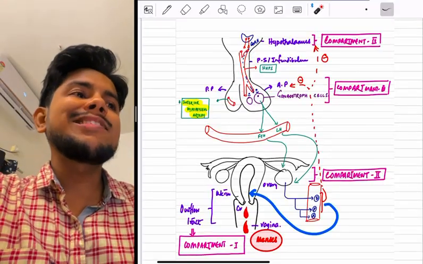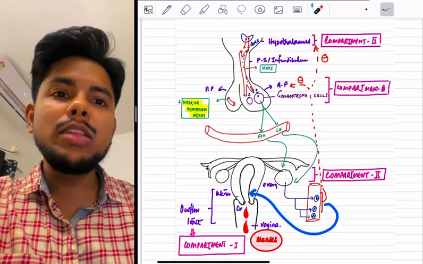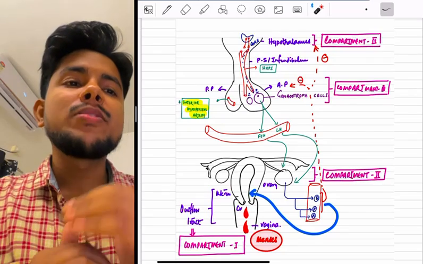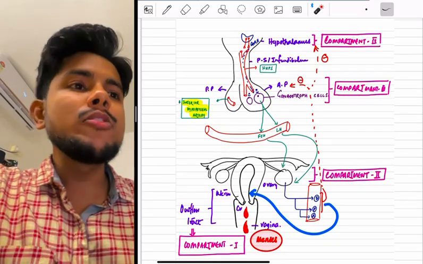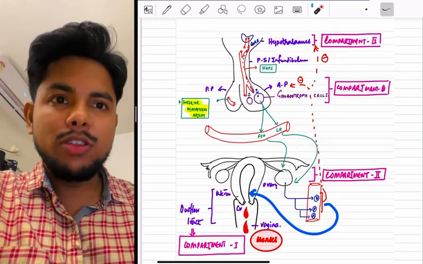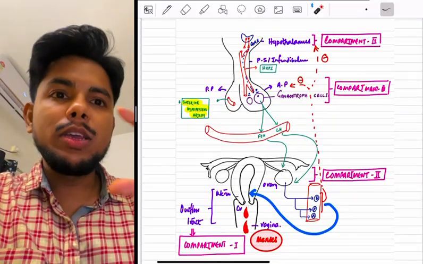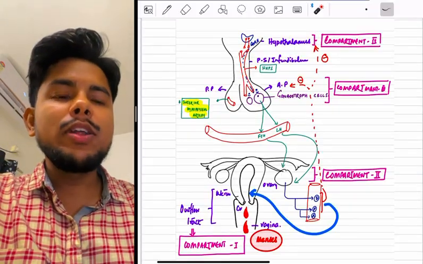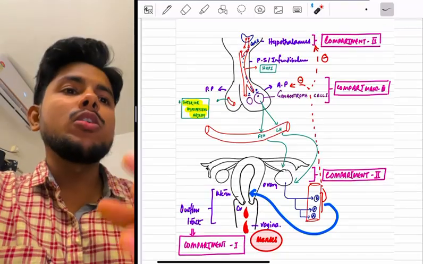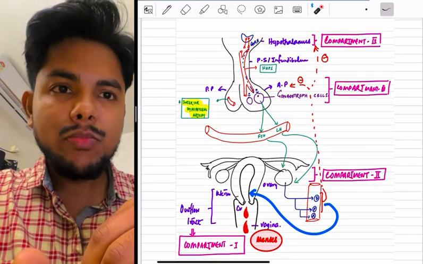Now whenever I say nucleus anywhere in the central nervous system, be it brain or spinal cord, a nucleus essentially means a collection of cell bodies. And why do they call it a nucleus? Because if I make a cross section or a biopsy sample from the brain or spinal cord and look at it under a microscope, it looks dark, because it is a collection of cell bodies, and cell bodies contain nuclei.